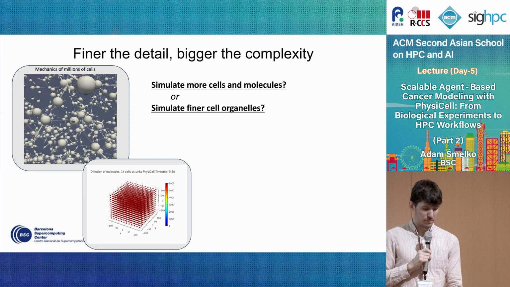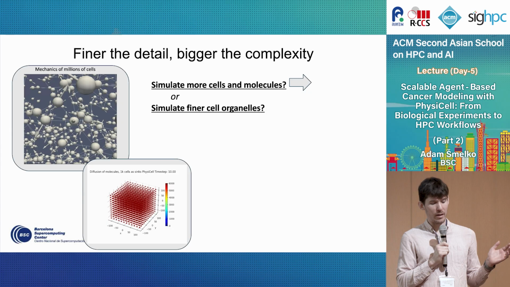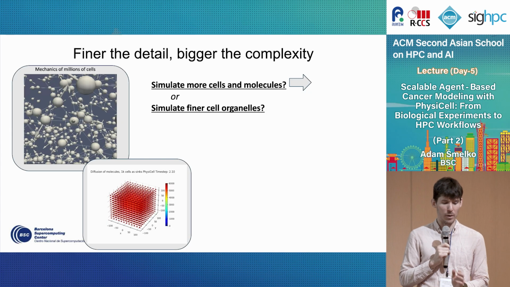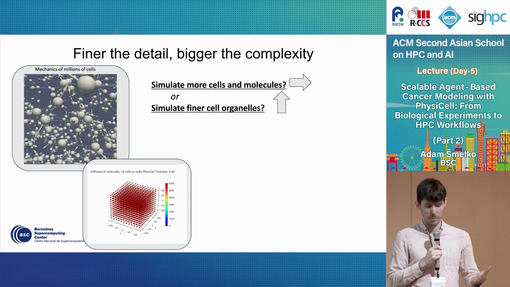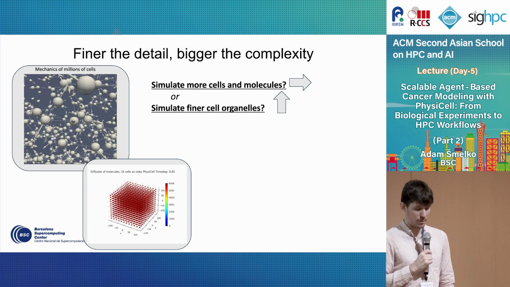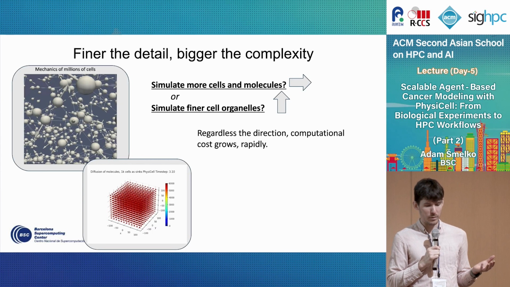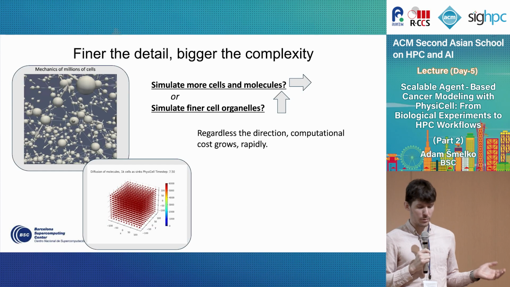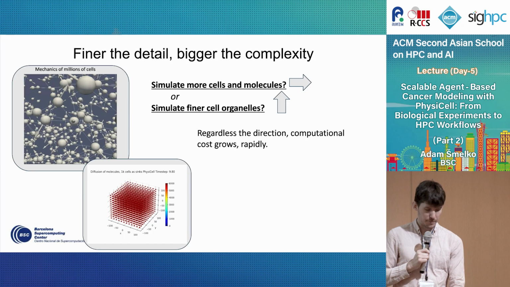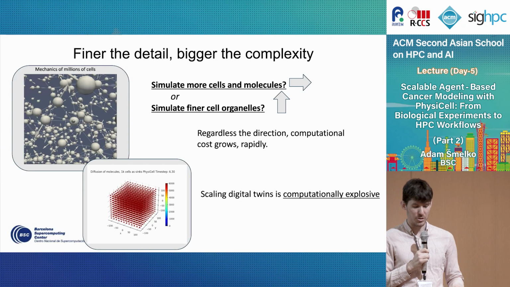We can either simulate more cells and molecules, or simulate finer detail of a cell by giving a shape to the cell or something else. But the finer the detail, the bigger the computational cost. So when you scale up, the computational requirements explode exponentially, basically.